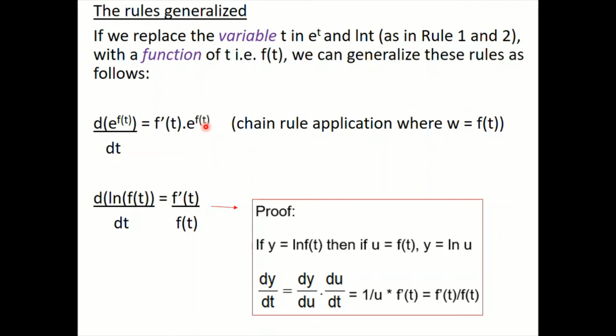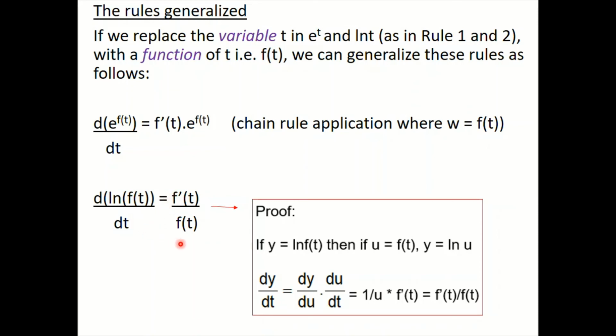And if you recall from our previous slide, this derives from a chain rule application. In the case of the natural logarithm, instead of just having a log of t, if we are having the natural log of a function of t, how would we find the derivative dy/dt?